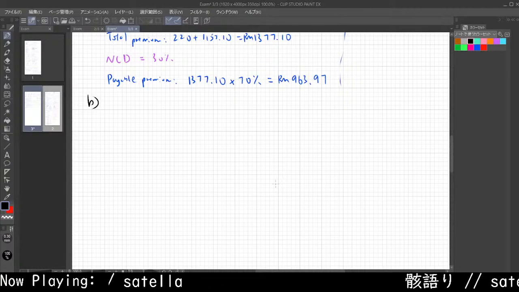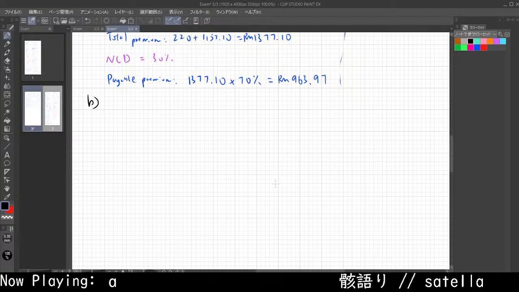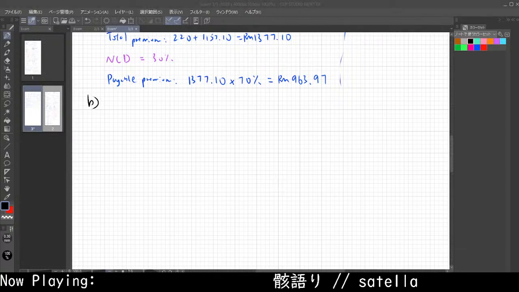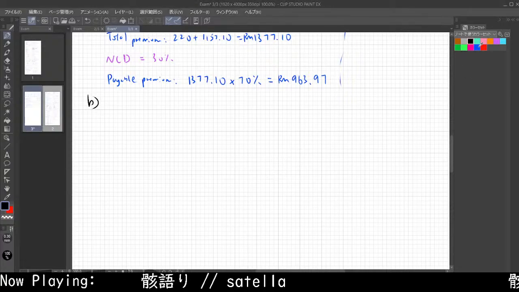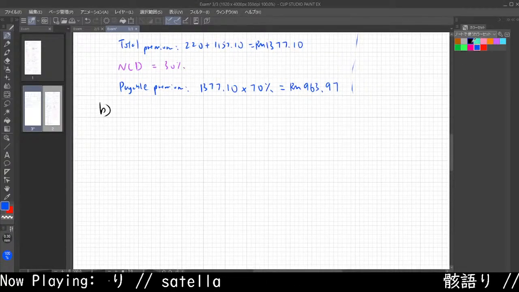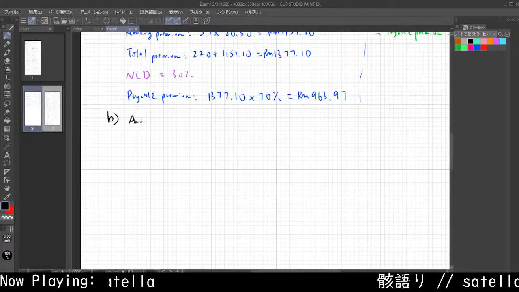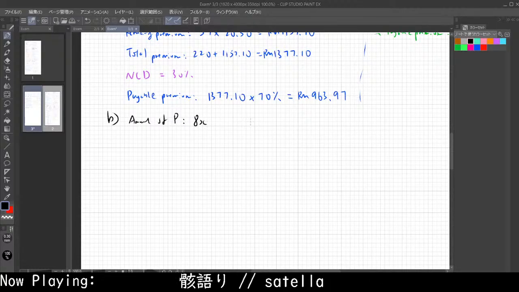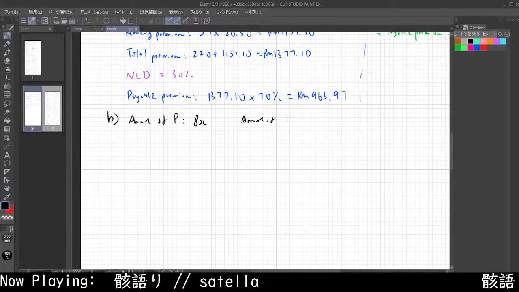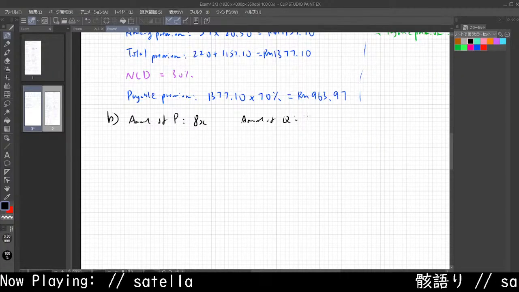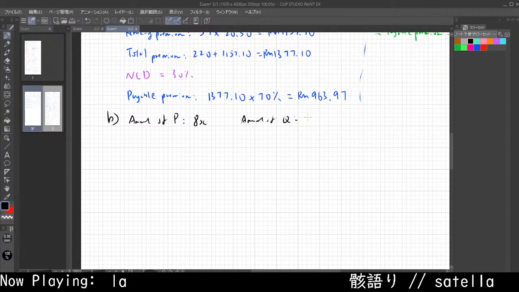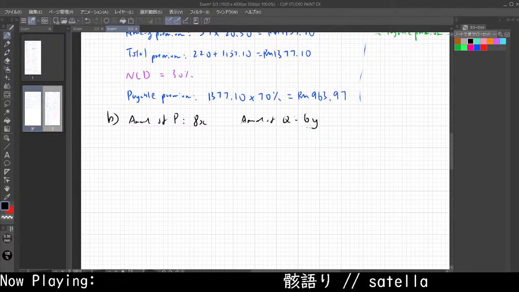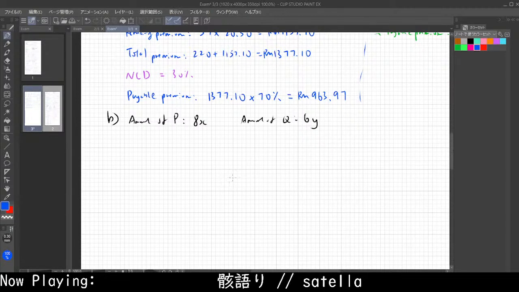Okay, so you want to construct your inequalities. In this case, we know that the amount of P produced would be 8 times X. The amount of Q produced would be 6 minutes times Y, so 6 times Y. So this is in minutes.